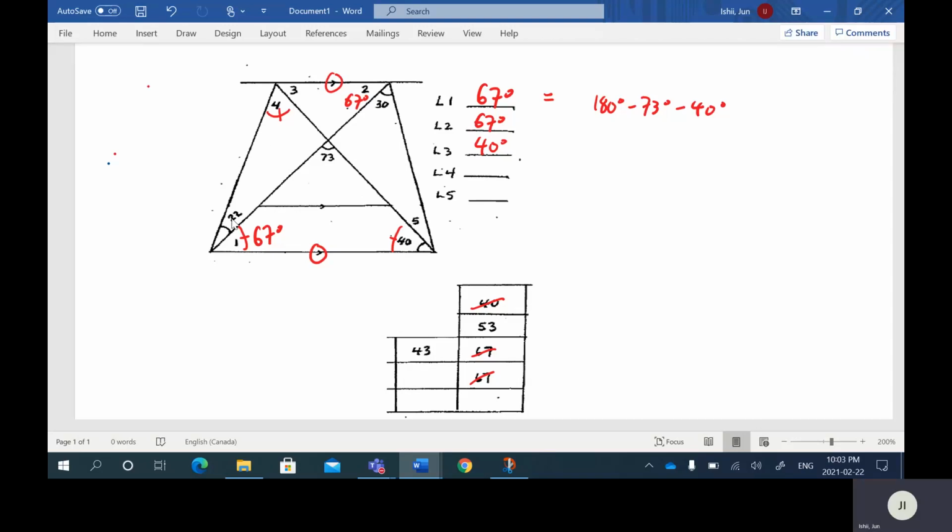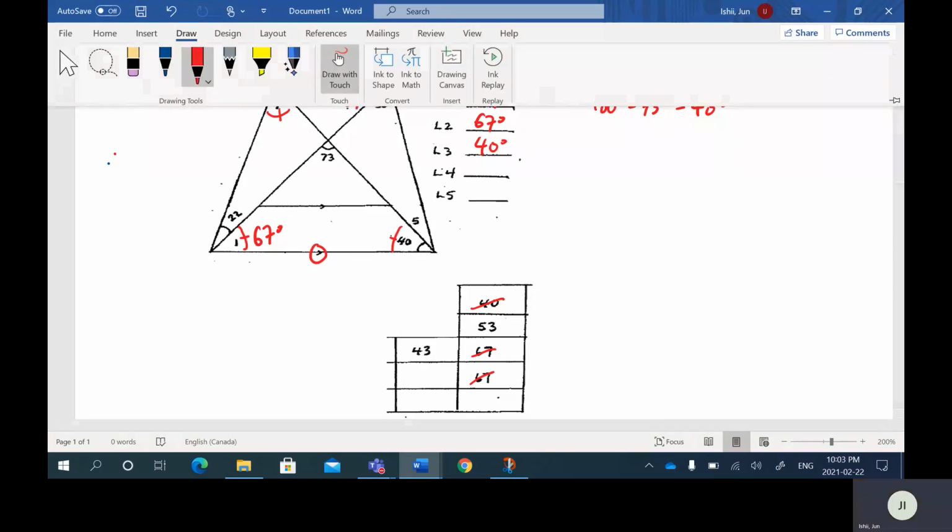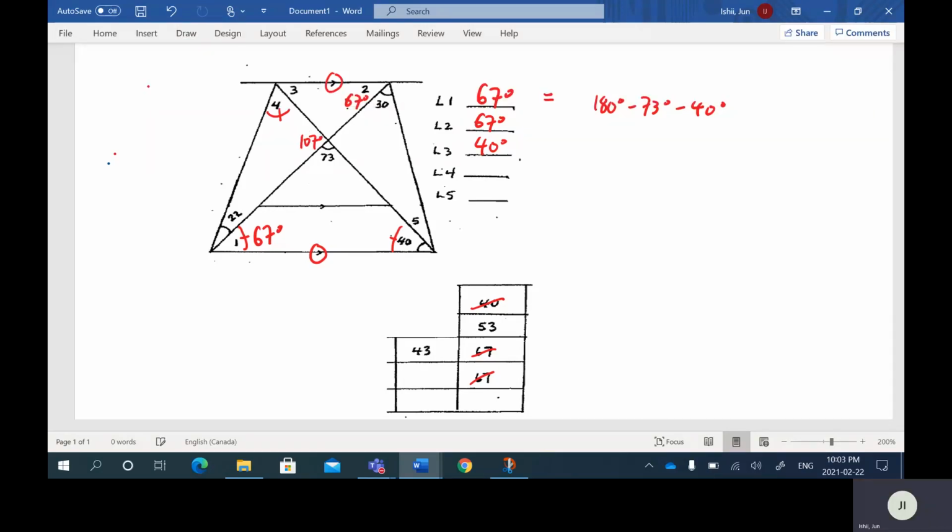Let's see, what can we do here? Okay, so see that we have a triangle here. So it's possible for me to find this angle here, because we have angles on a line. So if I take 180 minus 73, this will give me 107. So this is 107 degrees there.